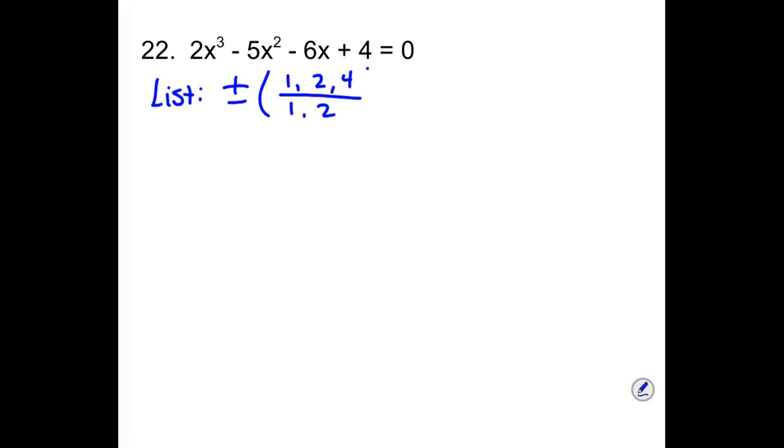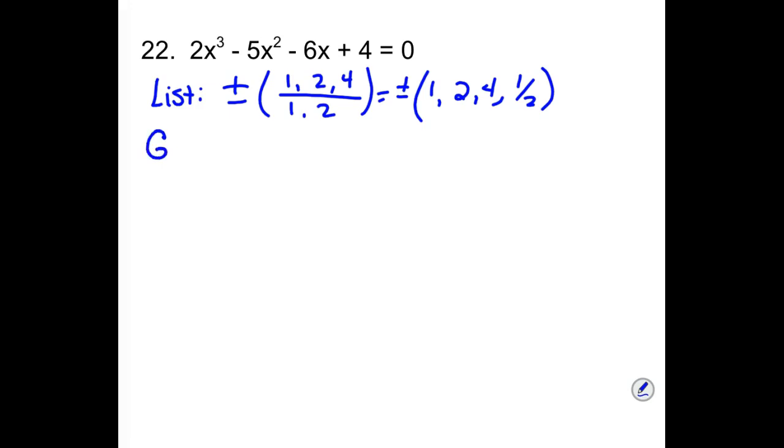So 1 and 2. Looking at all the different combinations I can make: 1 divided by 1, 2 divided by 1, 4 divided by 1, and then 1 divided by 2. 2 divided by 2 is 1, which I already have on my list. And 4 divided by 2 is 2, and I already have that. So there's my list.